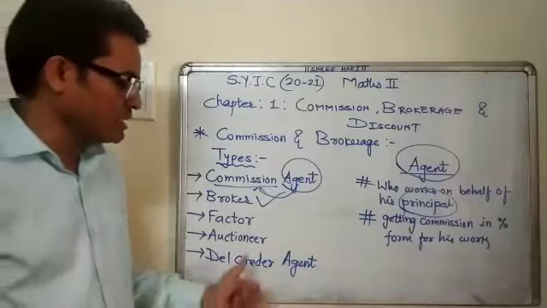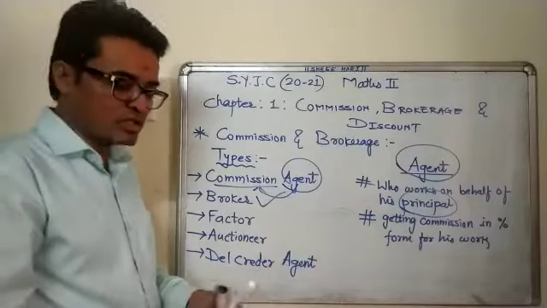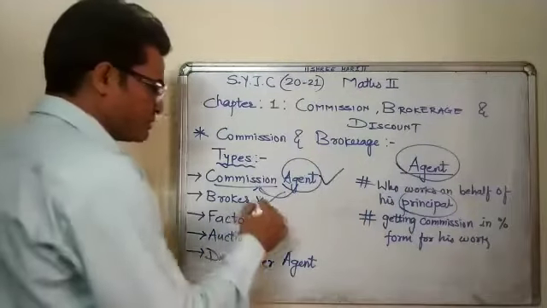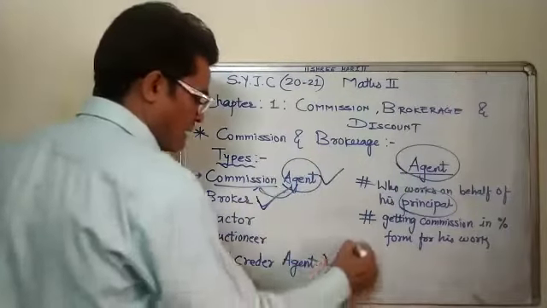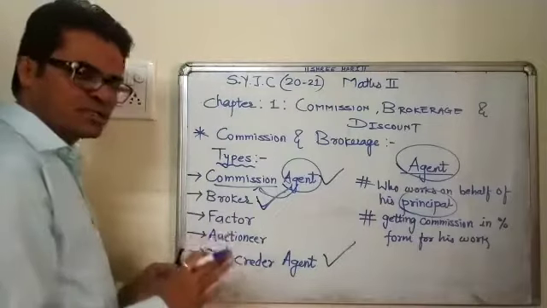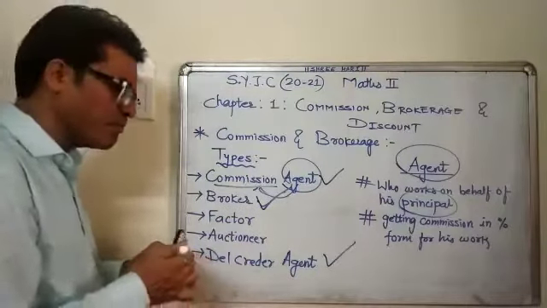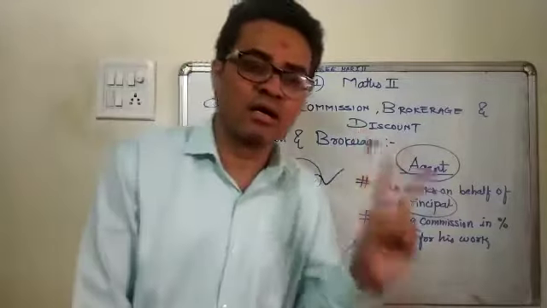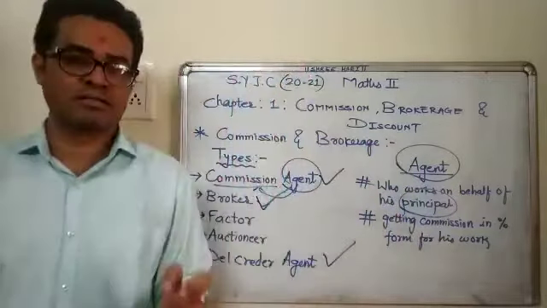Another one is the Del Credere agent. In your syllabus we have commission agent, broker and Del Credere agent. Here we are just discussing the different types, but the Del Credere agent gets commission in two parts.